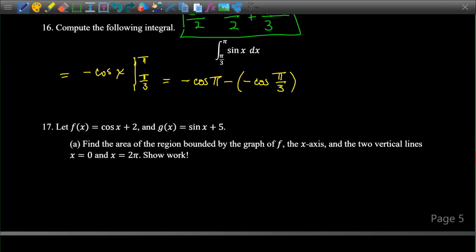All right, and then cosine of pi is negative 1. So we have minus negative 1. That's going to be positive 1.